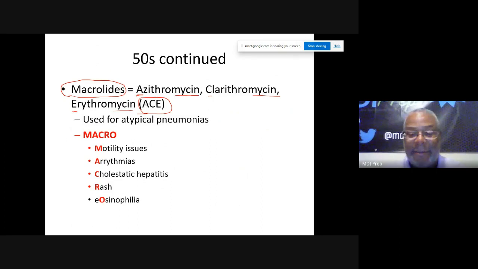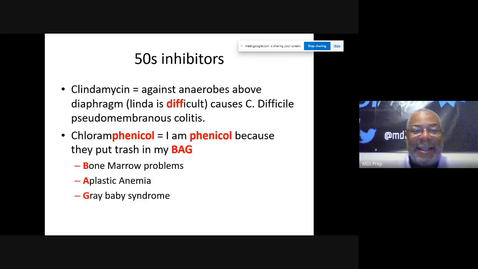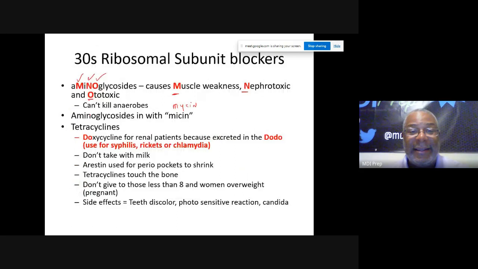Now, if I go back, you see these aminoglycosides? They also end with what? Mycin. Right. But they're not the macrolides. So if I put, for instance, tobramycin, neomycin, amikacin.